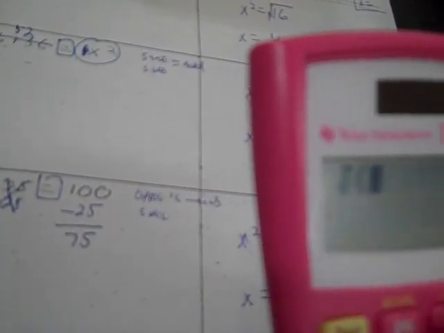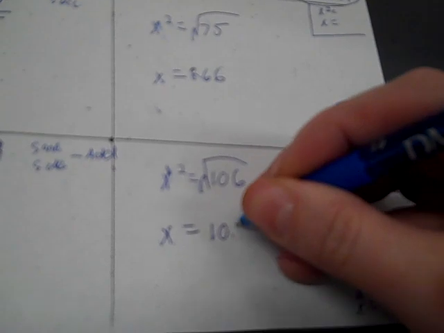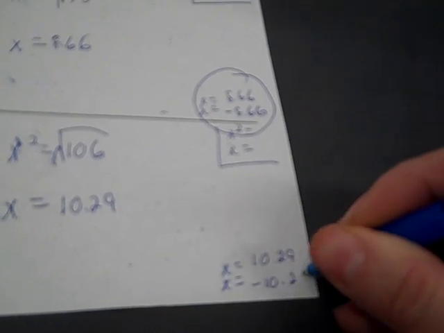So if you got a 1 there, you get rid of it and you don't have to divide. Okay, 10.29. So it could be positive 10.29, but it also could be negative, because negative times negative also will equal that 106.